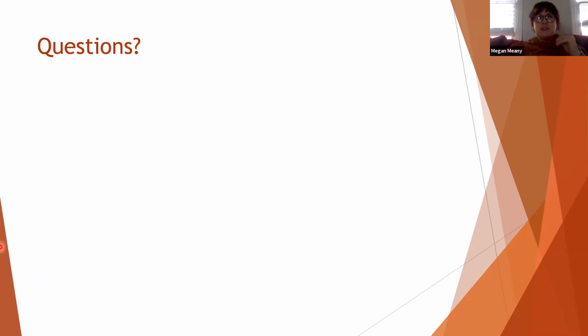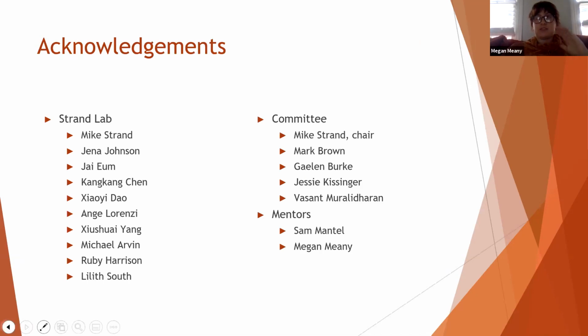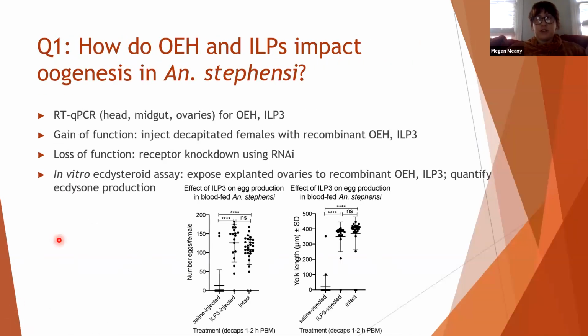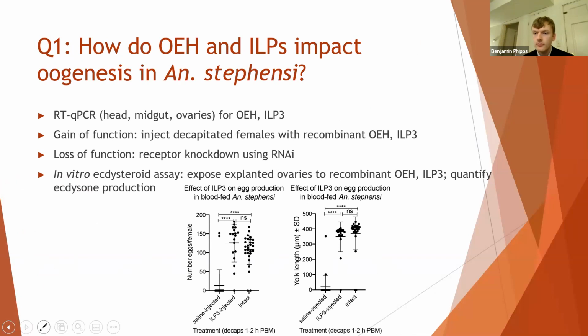You were saying in your first question that decapitated females don't lay eggs, so they don't have that hormone, right? Because you're thinking it's from the brain. Has it been shown that injecting them recapitulates vitellogenesis?